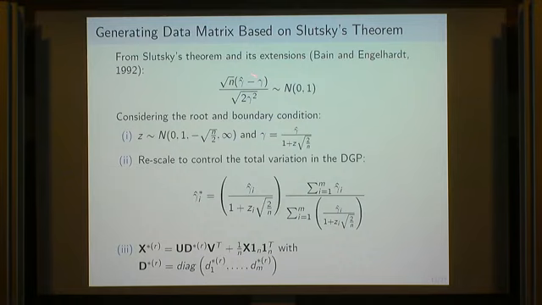This is the sample eigenvalue obtained from the sample covariance matrix, and this is the theoretical value obtained from the Gramian gamma. And this also follows a normal distribution with mean 0 and standard deviation 1.